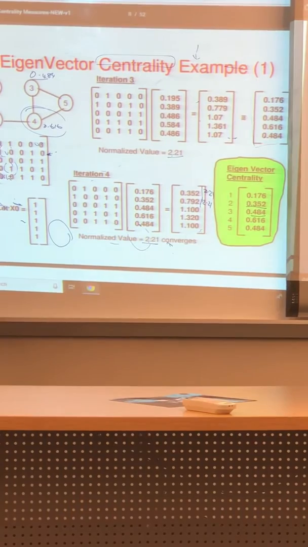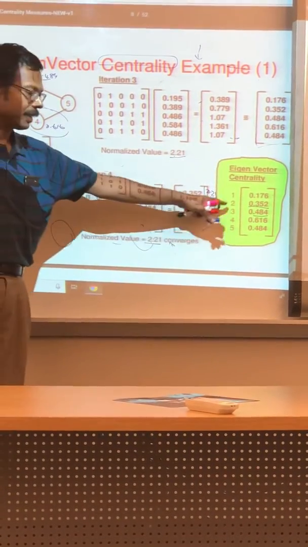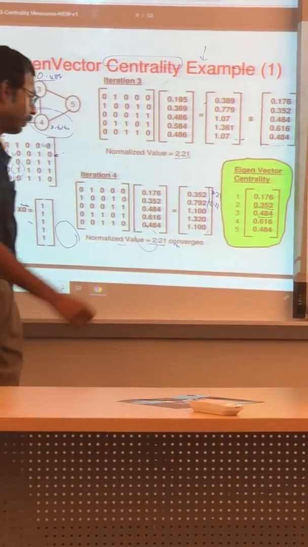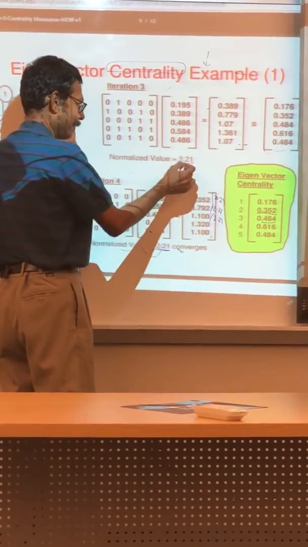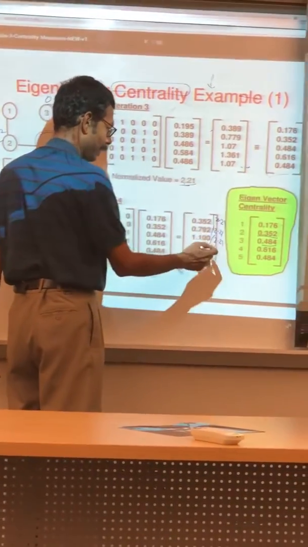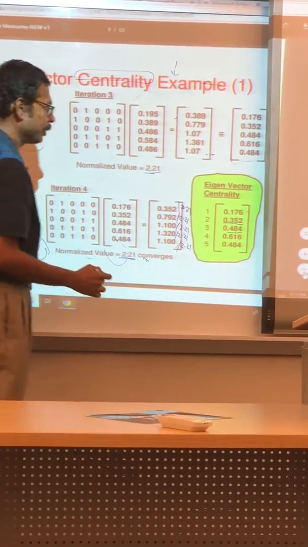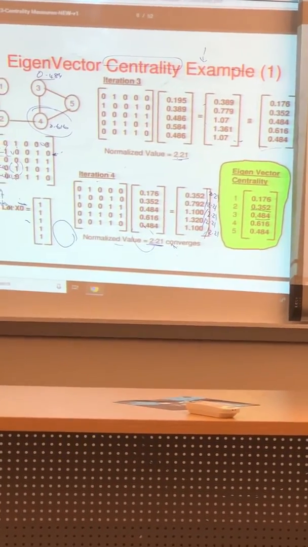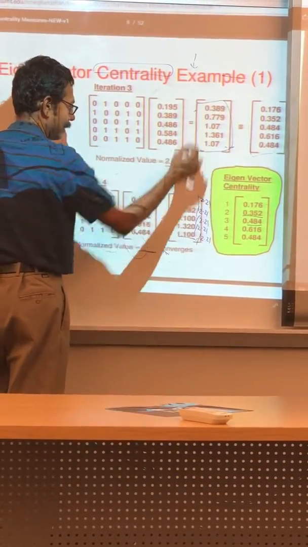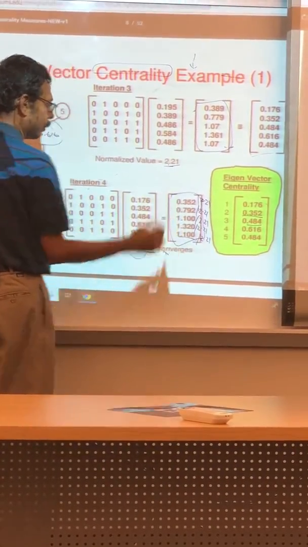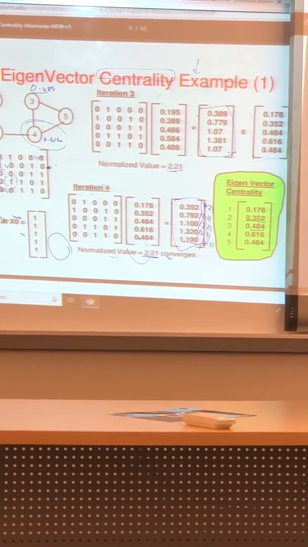If it's almost the same but not the same, which one do we use? Use the latest iteration. Yes, you're right. Since the value came out to be the same, I just picked up this number. When you divide this by 2.21, there will be some small differences, because if you compare this with this, they are not exactly the same. Okay, good.